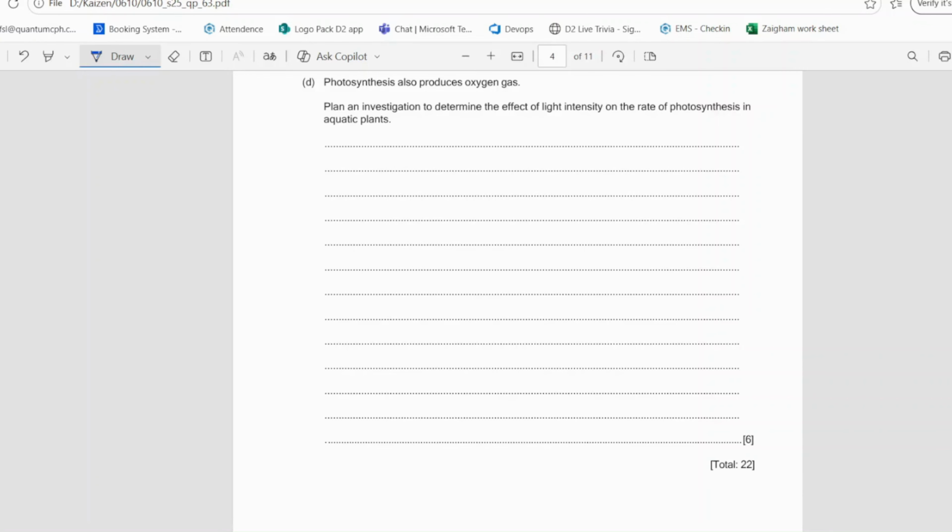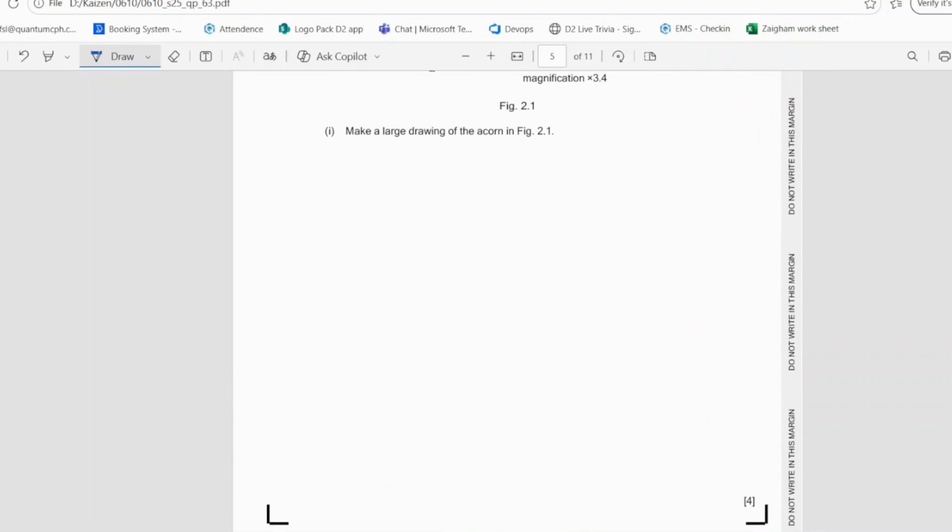Yes, you can also say when you give a conclusion that a graph can be plotted. A graph can be plotted between the light intensity and the volume of oxygen collected, right? Okay. The next question.